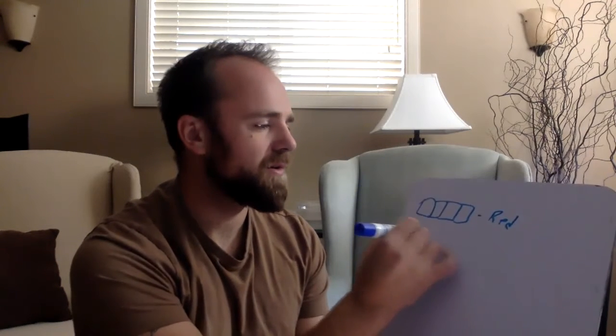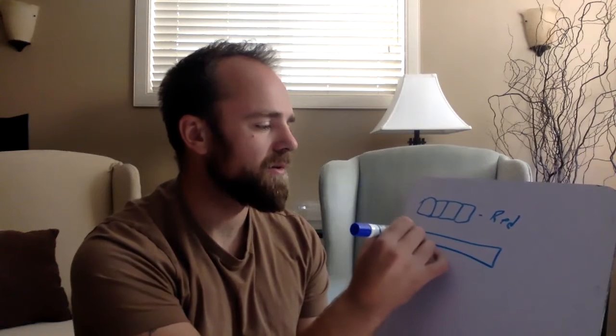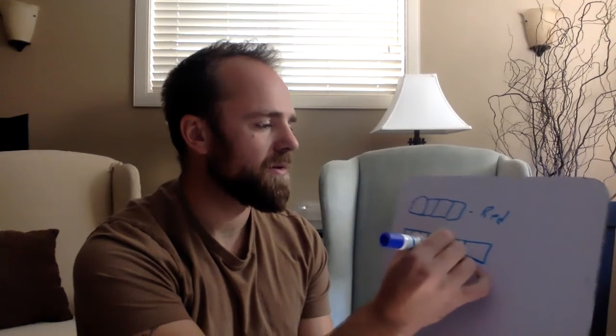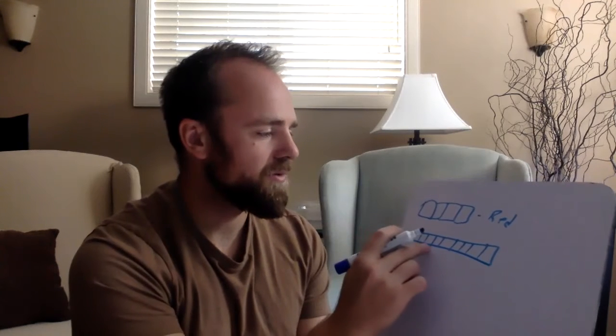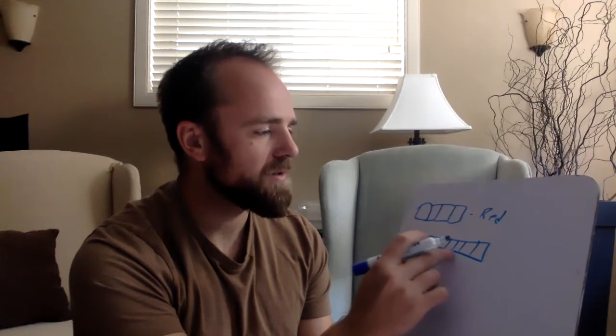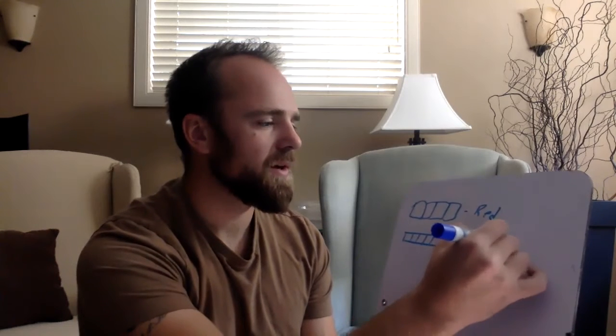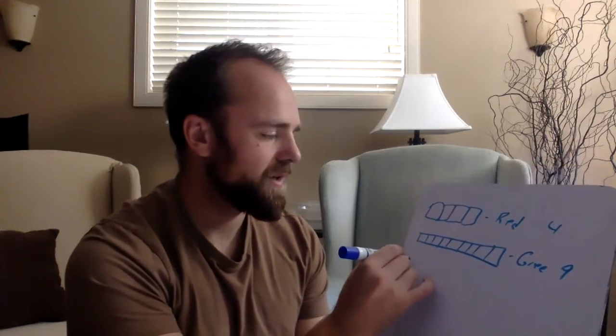So you've got some of these blocks. So let's say 4 that are red. We've got 1, 2, 3, 4, 5, 6, 7, 8, 9 that are green. Here we have 4. Here we have 9.